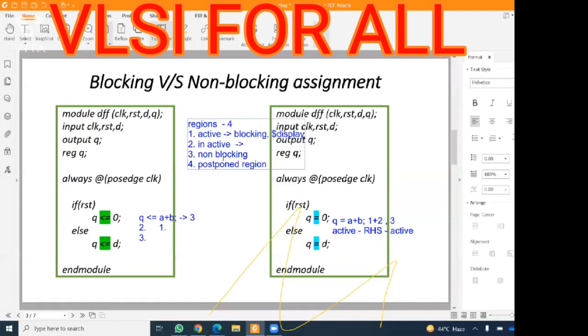Zero delay statements, represented as #0. And then in non-blocking, assignment happens for non-blocking statements. And what happens in the postponed region? $monitor and $stop.